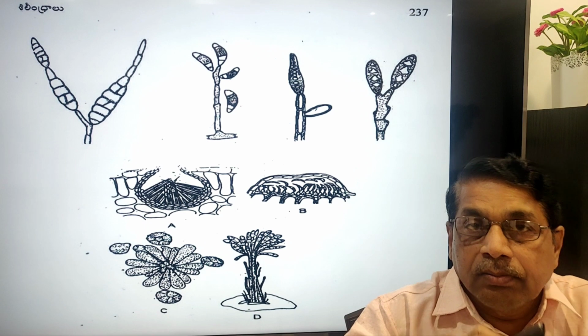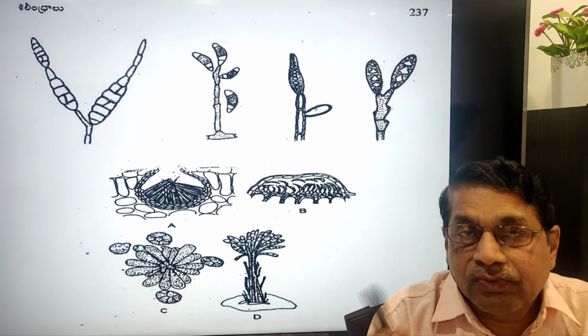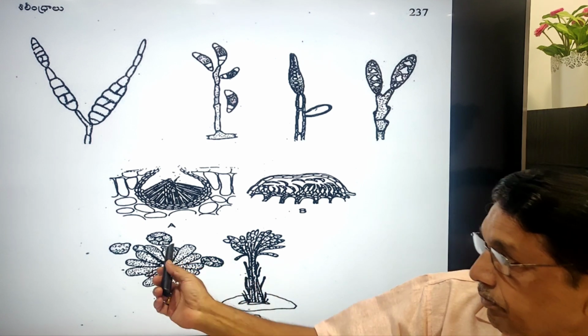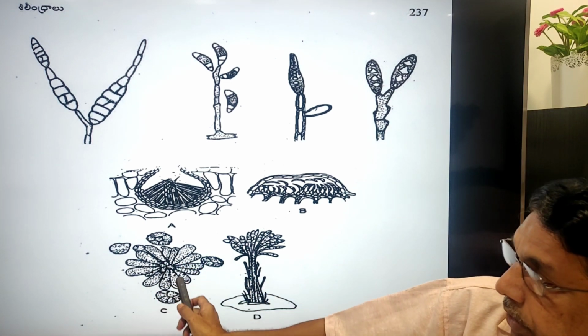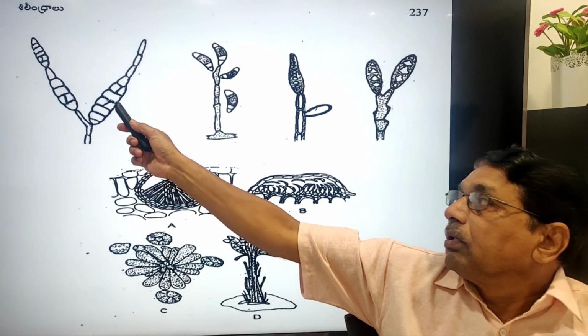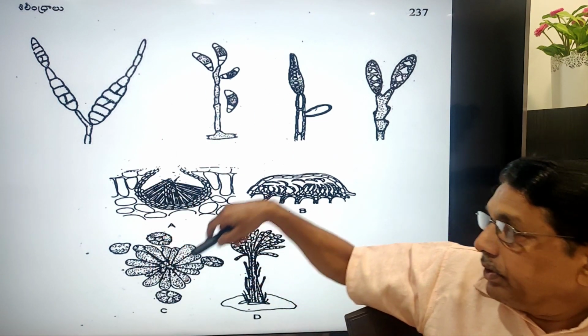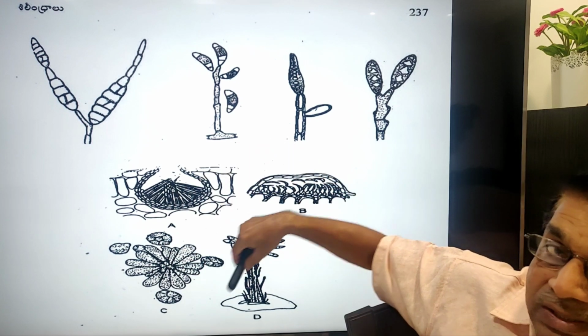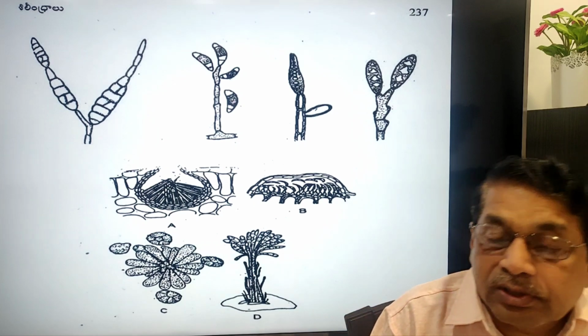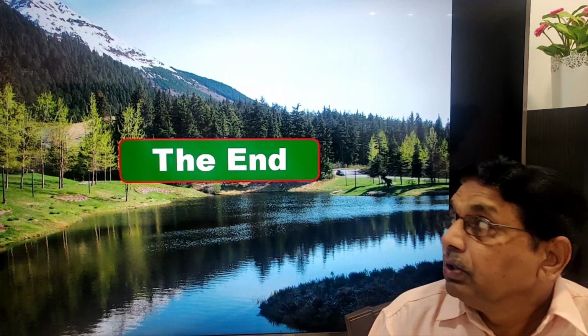Sometimes a closed, flask-shaped structure will be called a pycnidium. Here sporodochium. This is synnema. Conidiophores, fruit bodies, asexual fruit bodies. Remember, these are asexual fruit bodies formed by asexual reproductive structures.